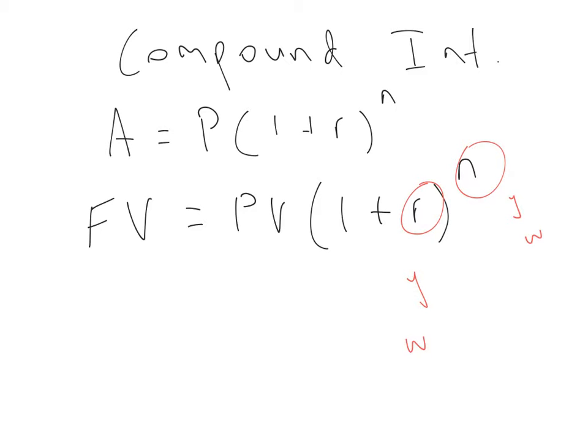Future value is what it's going to end up being, and present value is now. Just like in English, present tense is now, future tense is what it will end up being in the future.